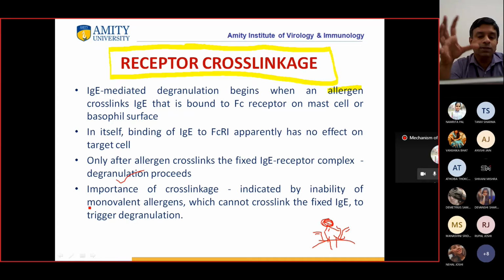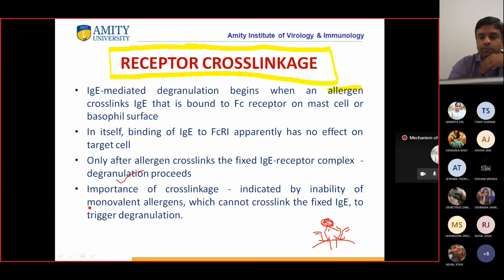Okay, so students, you can see it's regulated, and that is the reason why on the very first interaction with the allergen nothing happens. Because when the allergen comes the first time, IgE is produced, that IgE goes and binds on the receptors of mast cells and basophils. That's it. Now your cell is having IgE on the mast cells.